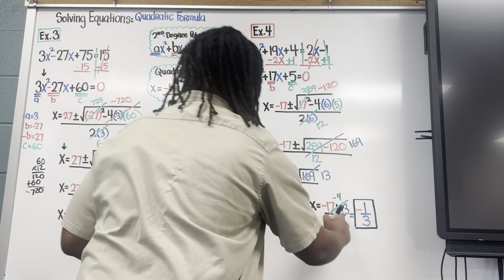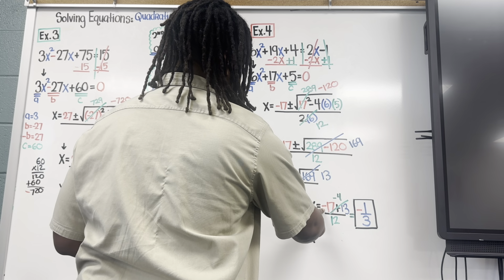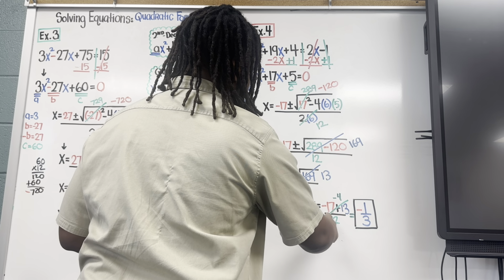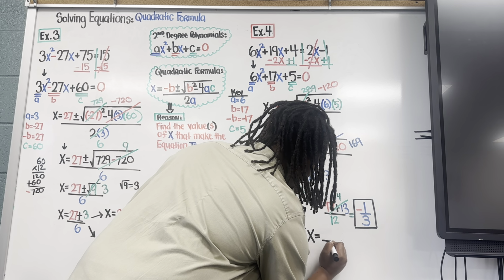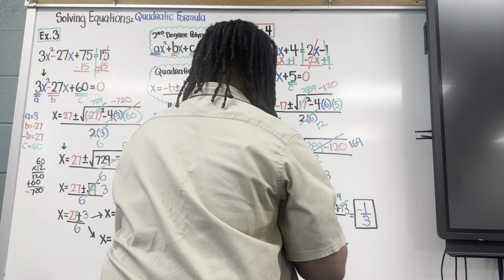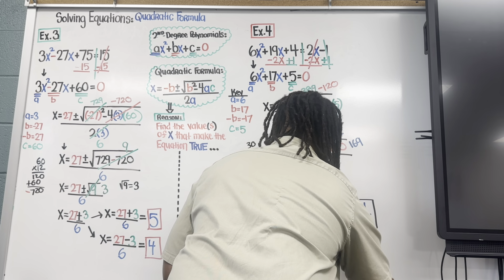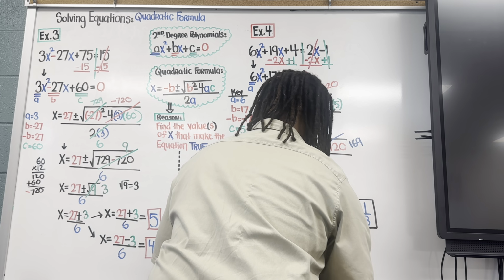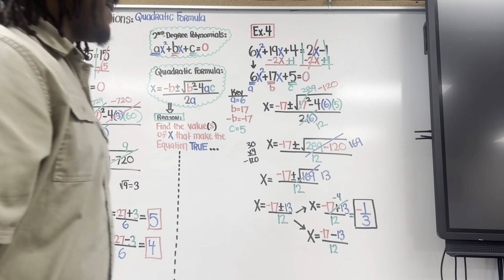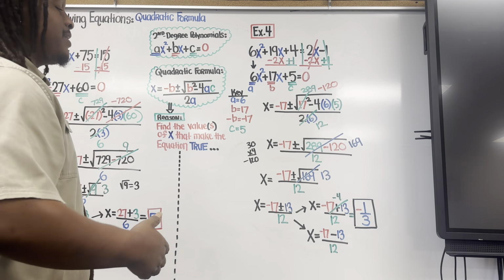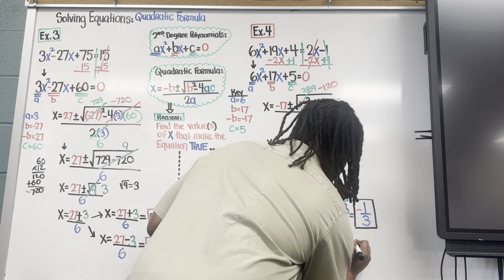Instead of adding 13 to negative 17, I'm just going to subtract 13 from negative 17. So I have negative 17, and I'm going to subtract 13, which is just like adding two negatives. Negative 17 minus 13 is like saying negative 17 plus a negative 13, which is a negative 30.